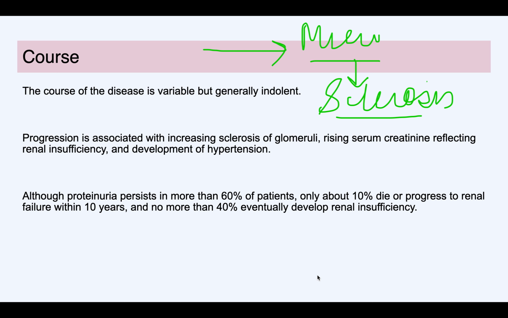So progression is associated with increased sclerosis of the glomeruli. There is increased serum creatinine and development of hypertension. But mostly patients do not go into renal failure. Only 10% of the persons will die because of renal failure. So the course is generally indolent. So this was all about membranous glomerulopathy.